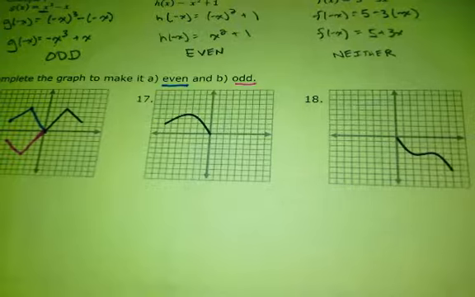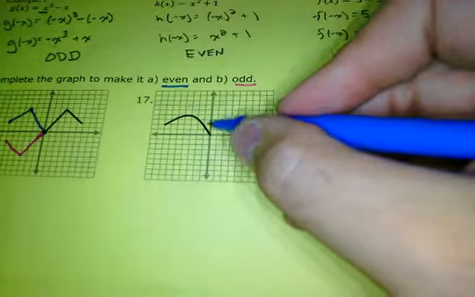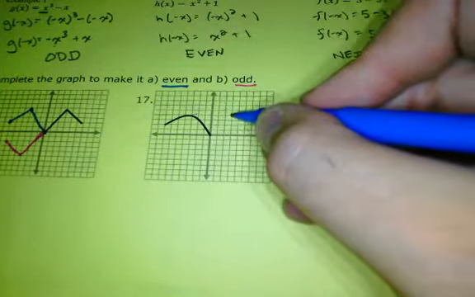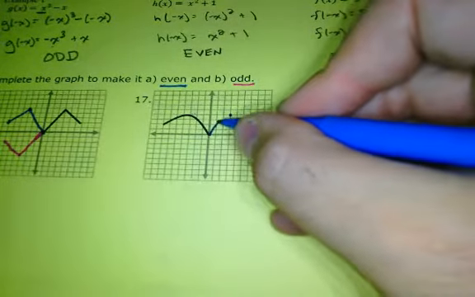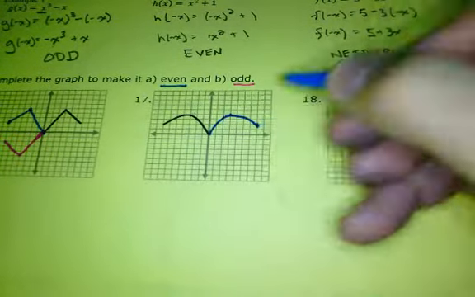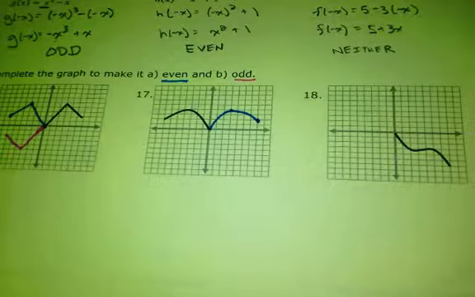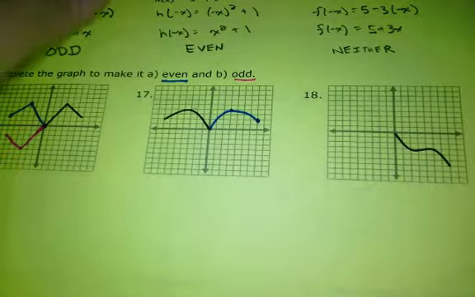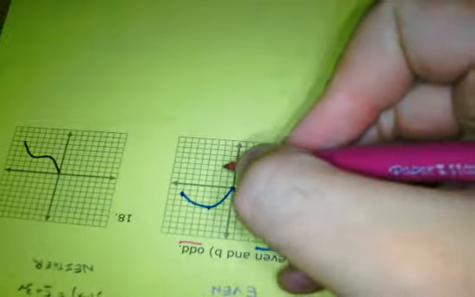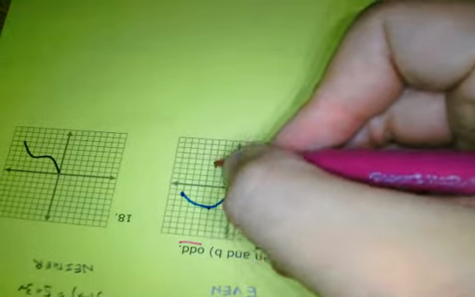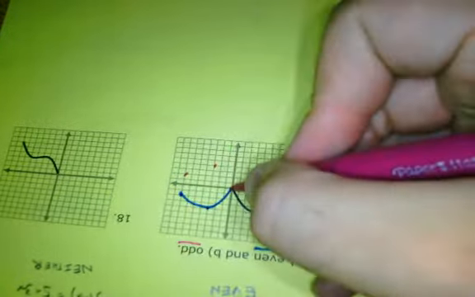Okay, 17. I'm going to go through this a little bit faster. It looks like it's just a curve. It tops out about right there and then goes right there. And I turn it around. Tops out about there, goes about there.